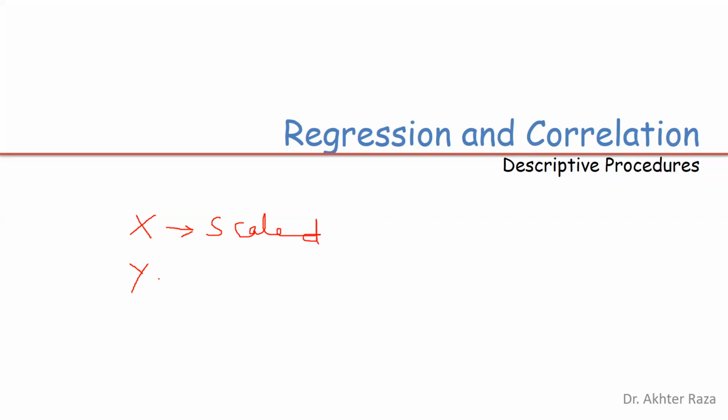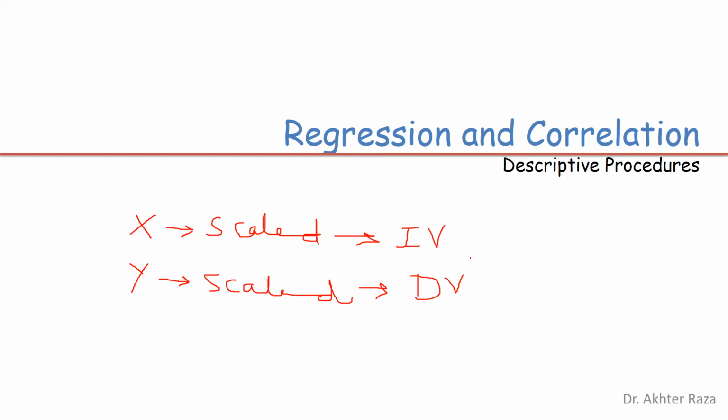One variable is assumed as a dependent variable and the other variable is an independent variable. X is assumed to be the predictor, the independent variable, and y is the dependent variable.